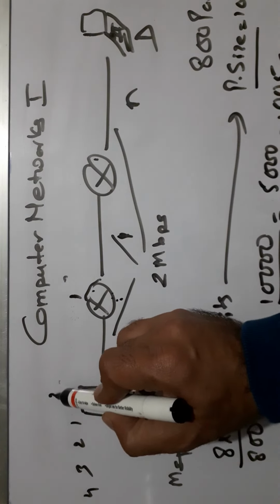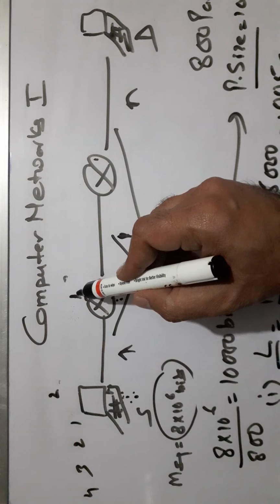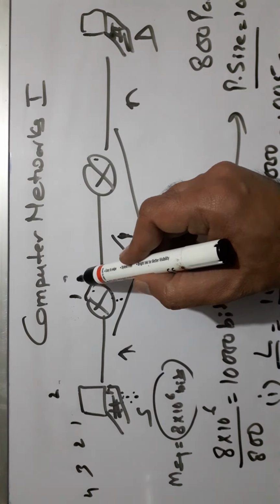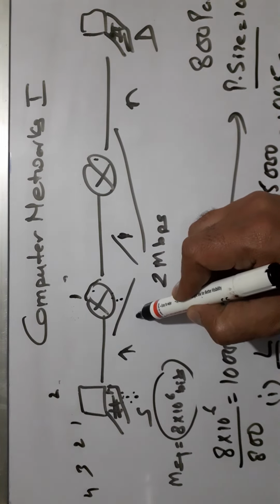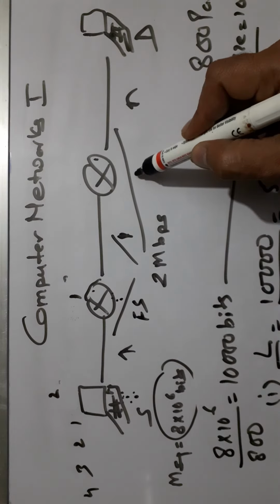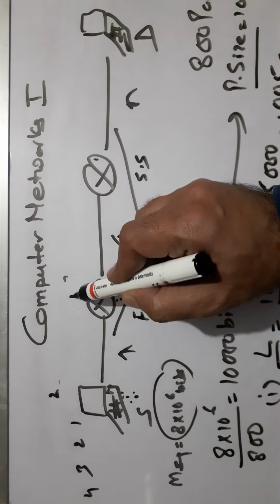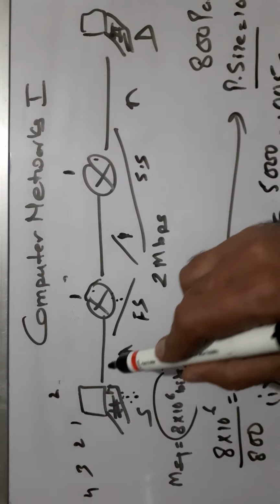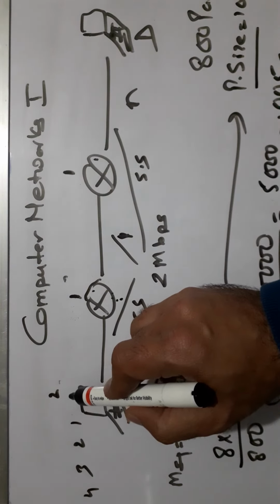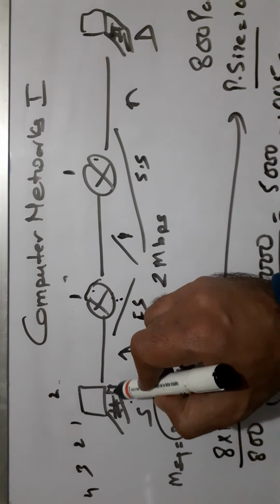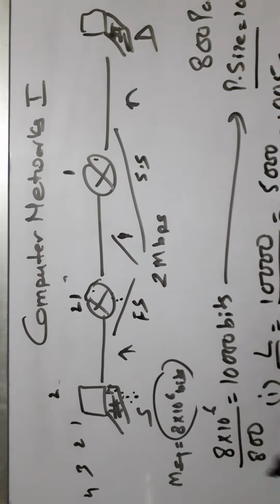When the first packet is being transmitted from the first switch to the second switch, during that time the second packet is getting transmitted from source to the first switch.